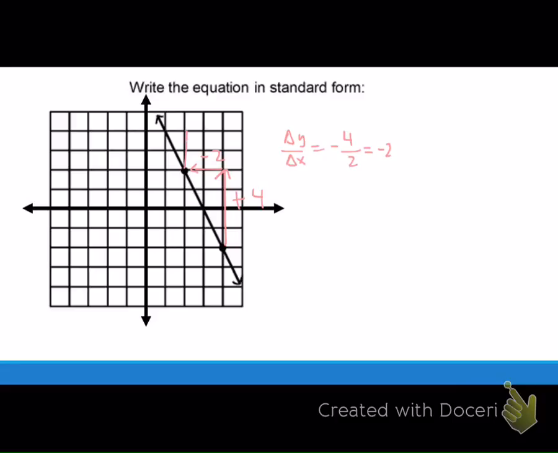So if I continue that up 2 over 1, where am I at on the y-intercept? Where's that point? What is that point? 0, 6. So we know our y-intercept, so let's start from slope-intercept here instead of point slope.